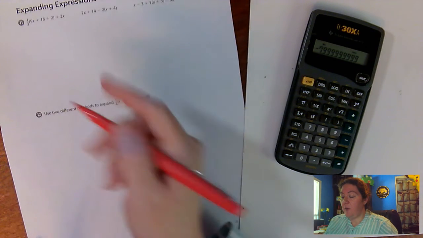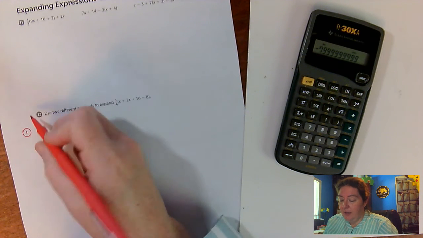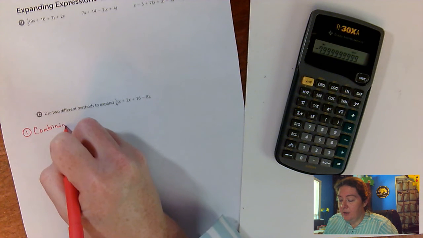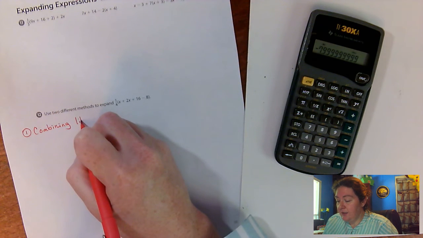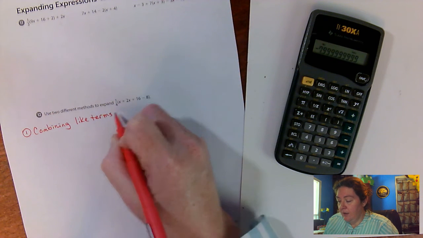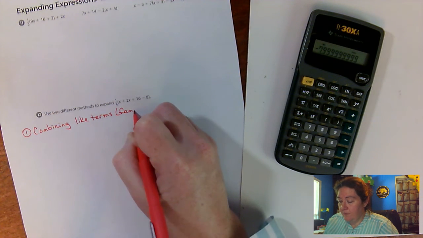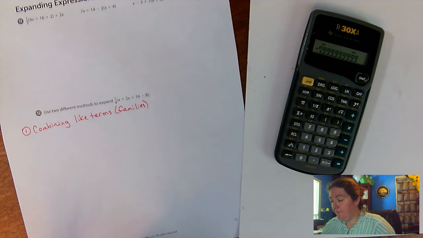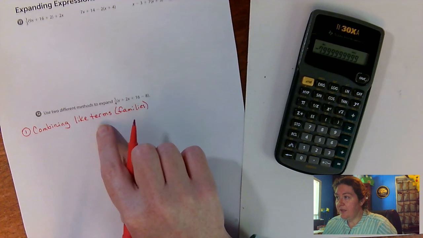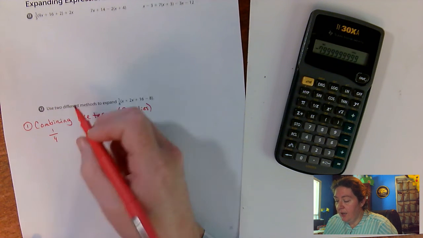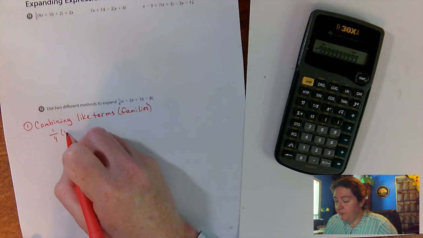The first way that we've talked about is combining like terms. That is our families. So to do this method first, I'm going to write my original problem.